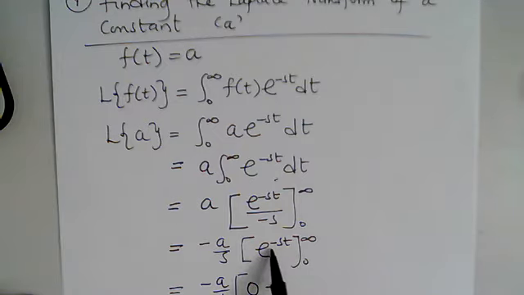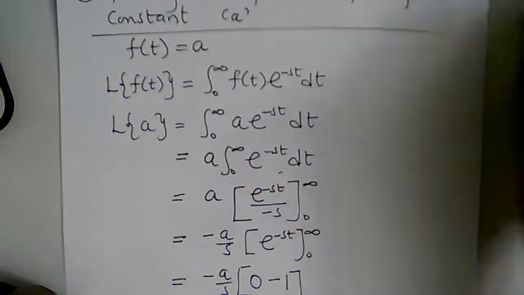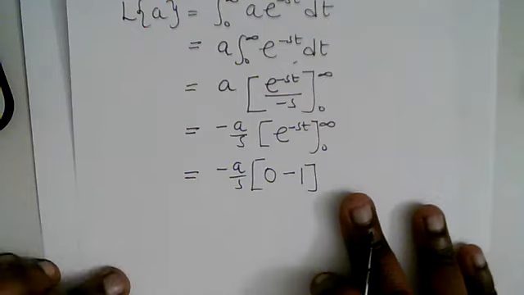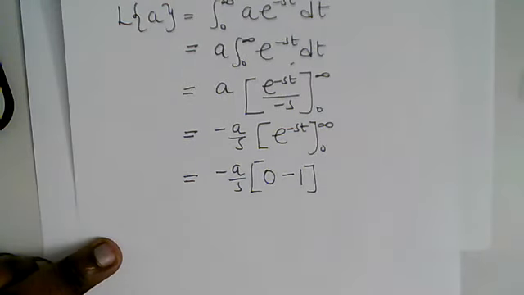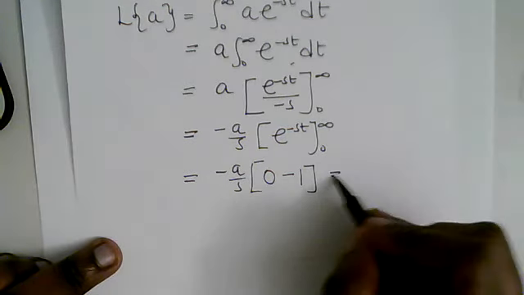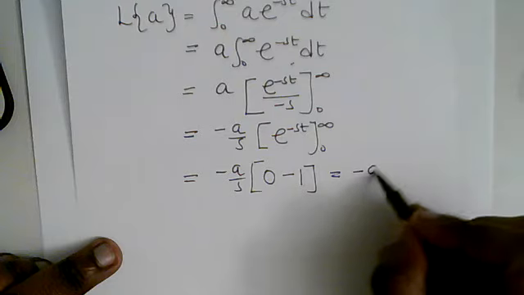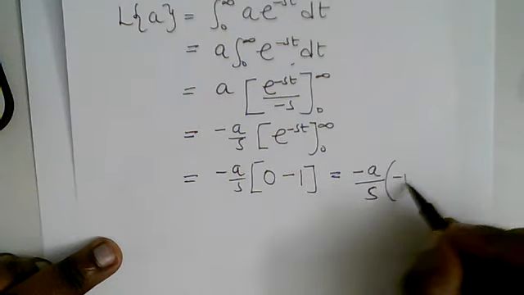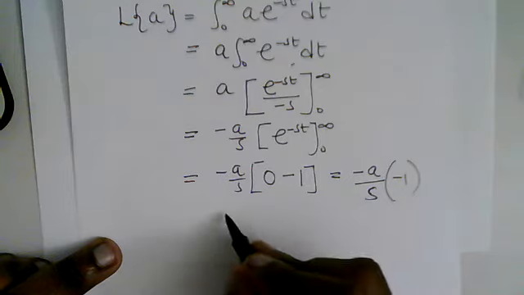This becomes e to the power 0, which is 1. Okay, so this becomes minus a over s multiplied by 1 times 1. So this becomes a over s.